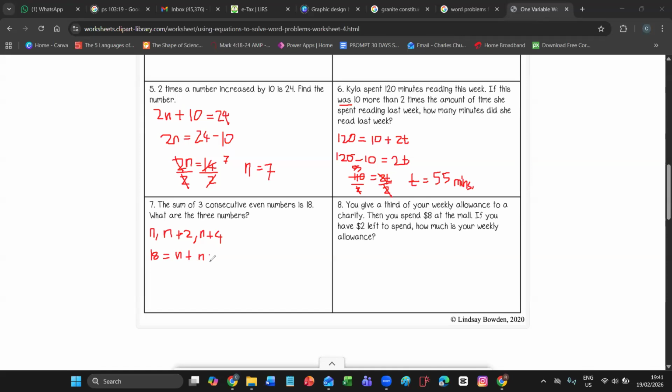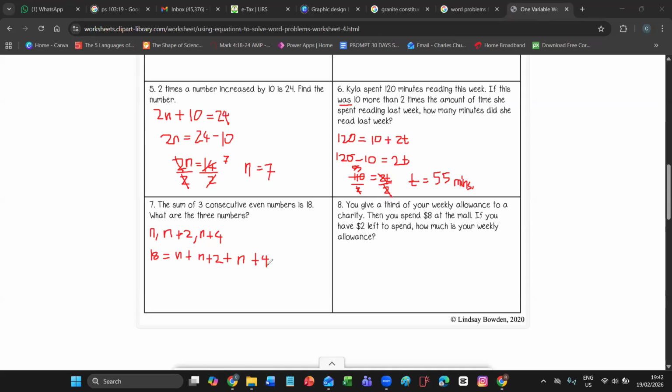Okay, so I've just added the first two consecutive even numbers. I'm about to add the third one, plus n plus 4.